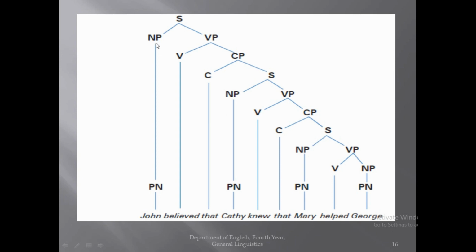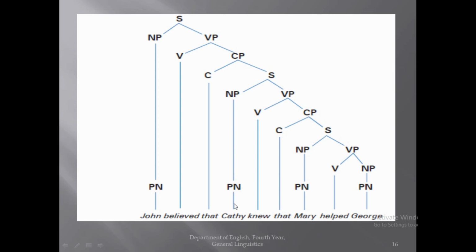So the basic structure is noun phrase, verb phrase. The noun phrase, proper noun, which is John. The verb phrase is verb, believed, and complement phrase, CP. The complement phrase is to be rewritten as complementizer, which is that, and sentence. Now, let's start again with the sentence here. Noun phrase, verb phrase.